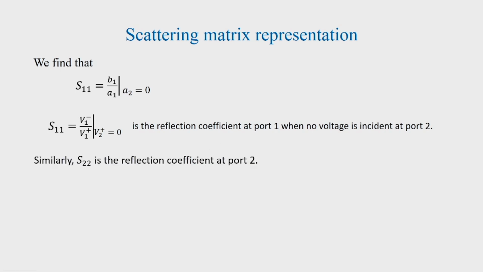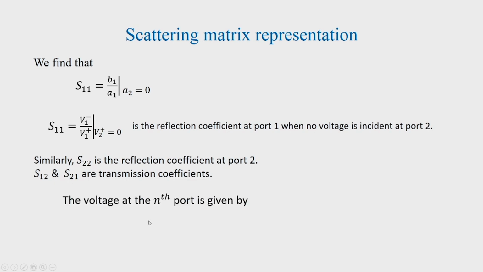Similarly, S 22 is the reflection coefficient at port 2, and S 12 and S 21 will be the transmission coefficients from port 2 to 1 and from 1 to 2.